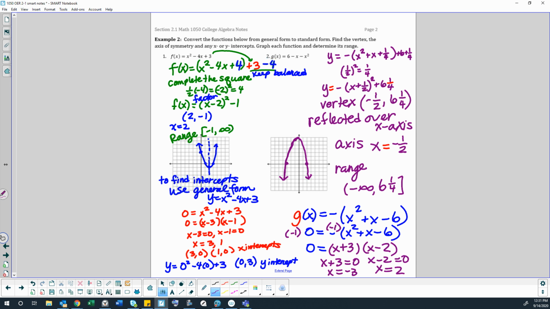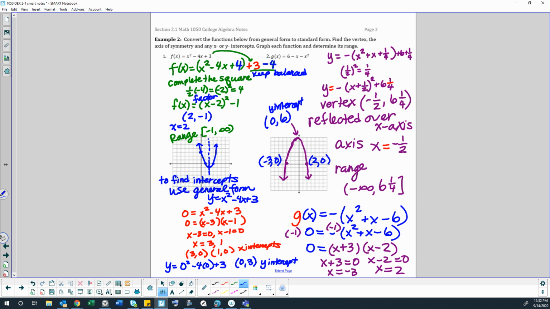Yeah, just that constant is 6. So our y-intercept is going to be right here at 0, 6. So that just comes from plugging in 0, and all that's left is 6. Our x-intercepts are at -3 and +2, because those were the factors we got.